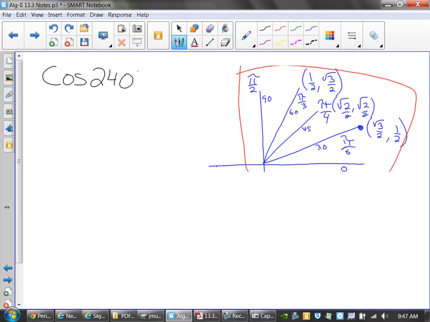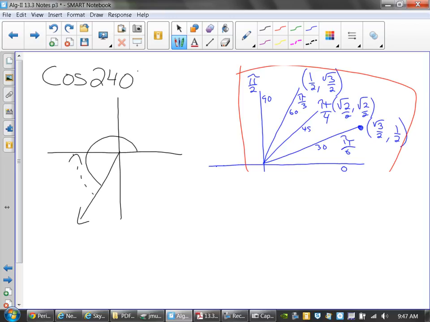Another degree measure. If I'm looking at the cosine of 240 degrees, what quadrant do we lie in? Third. We are in the third quadrant.